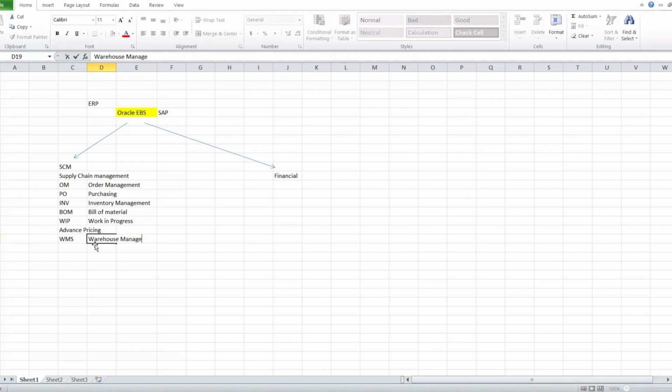Warehouse management system. And in the financials, we have AP. AP means accounts payable. We have AR, that means accounts receivable.